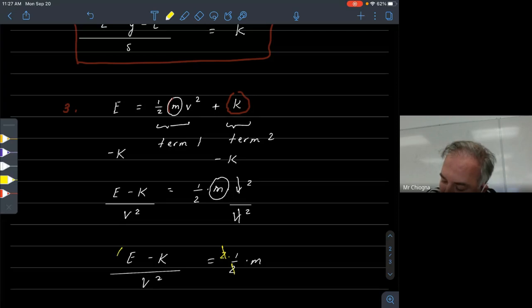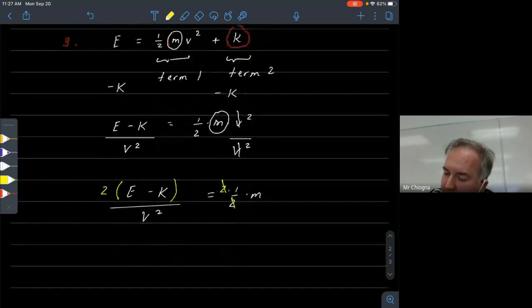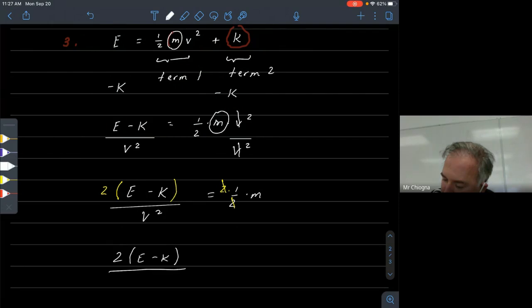Put the whole expression you're multiplying in brackets. And that's your answer.